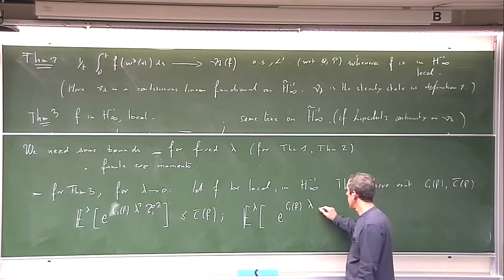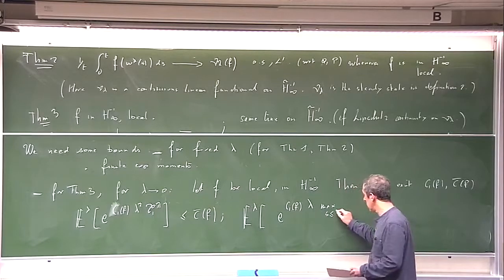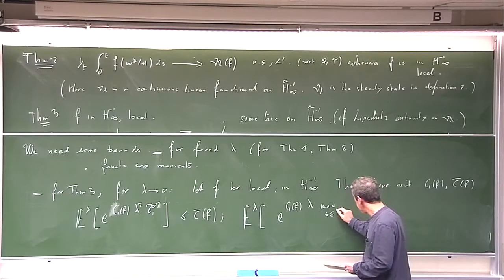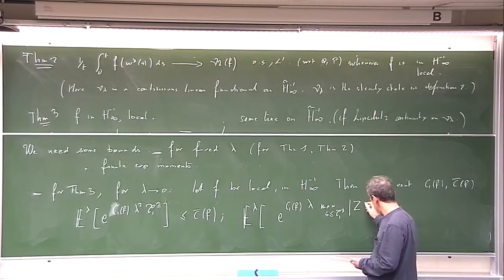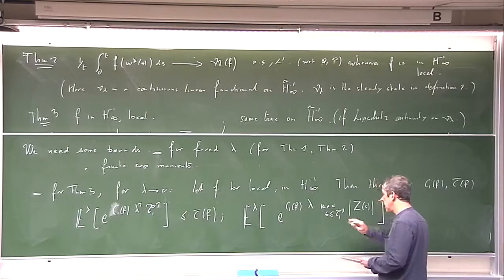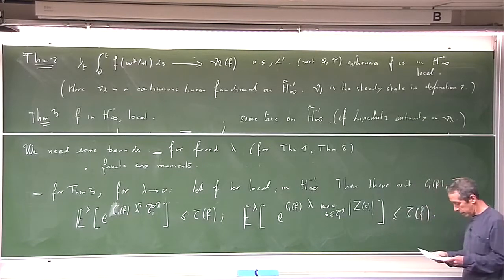So there is a lambda, and then there is the maximum for s less or equal than tau 1 lambda of z of s. And then this is uniformly bounded by some constant that does not depend on lambda anymore.